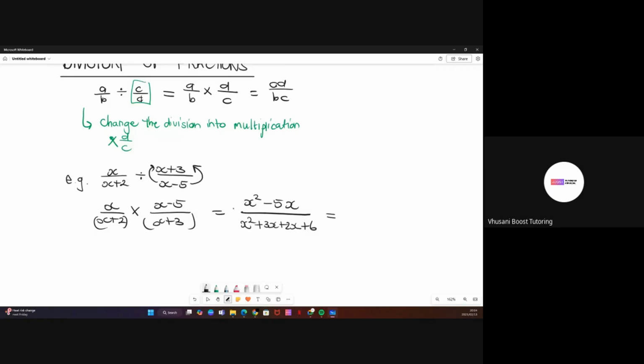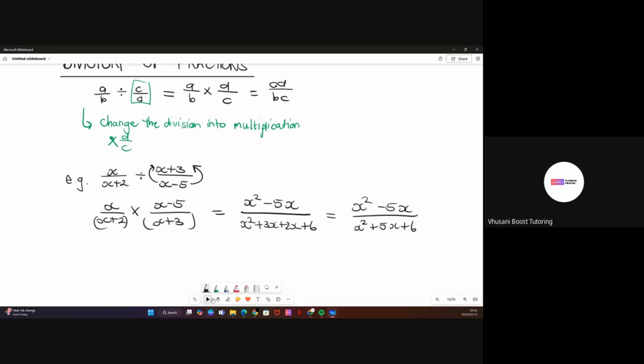And then simplifying everything together, this would now be my final answer. Are you guys fine with this one? Okay, perfect. So I think the moment you just remember that division of fractions, you just need to change the sign and swap, then from then onwards, you should be fine.